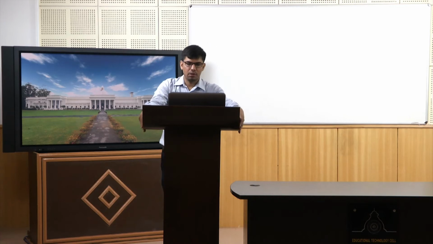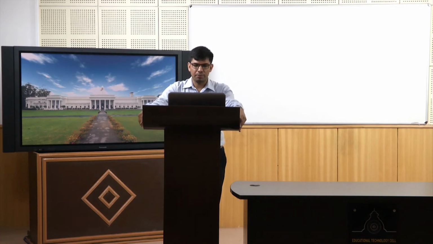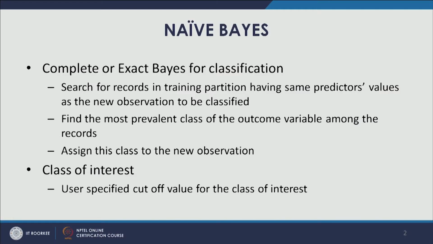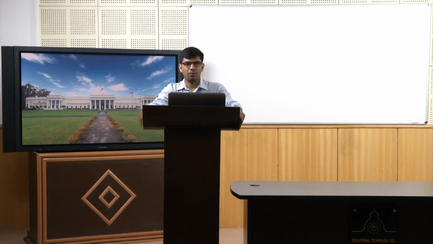Depending on the number of predictors that we have in our data set, 3-4 predictors, for all those predictors the value that the new observation has, in the training partition we have to find all such records which have the same value as the new observation to be classified.